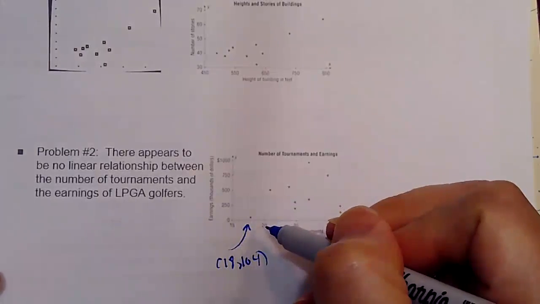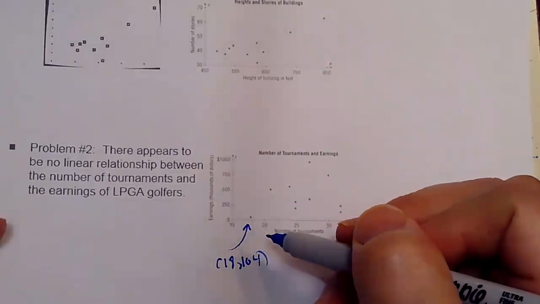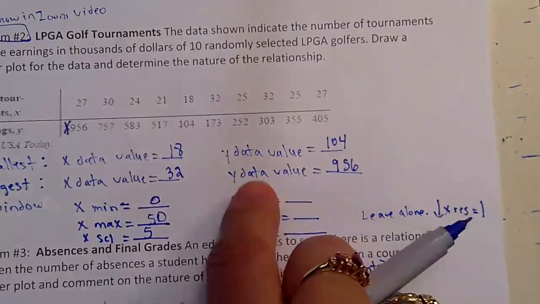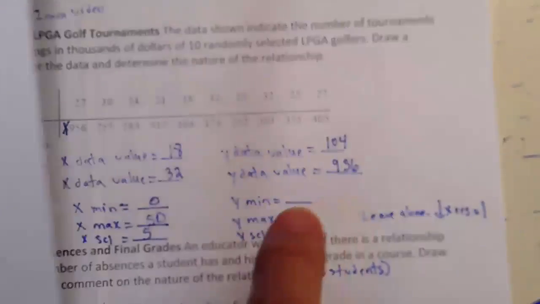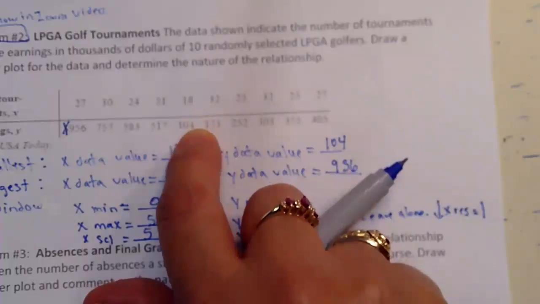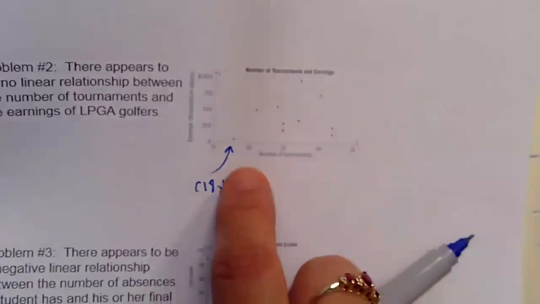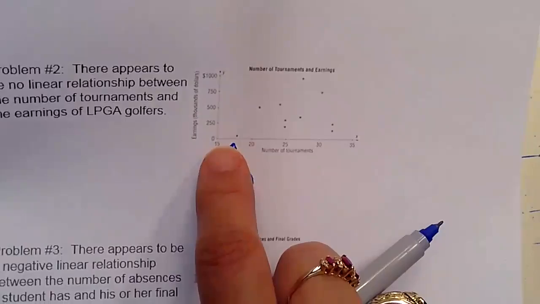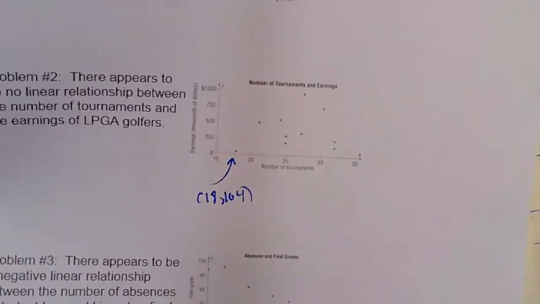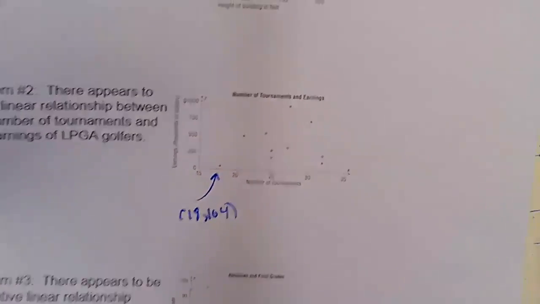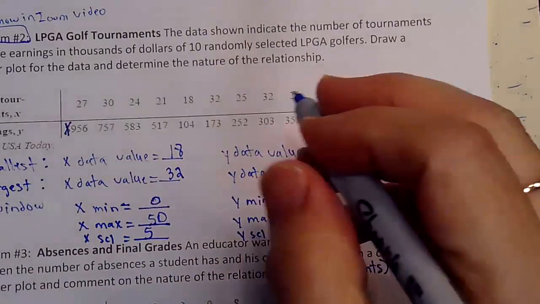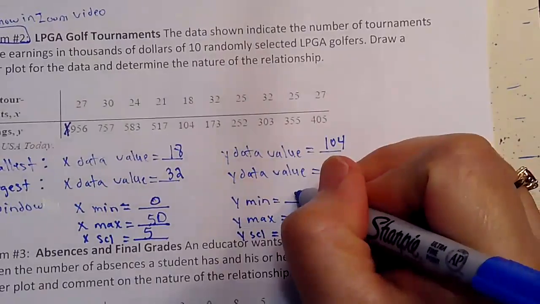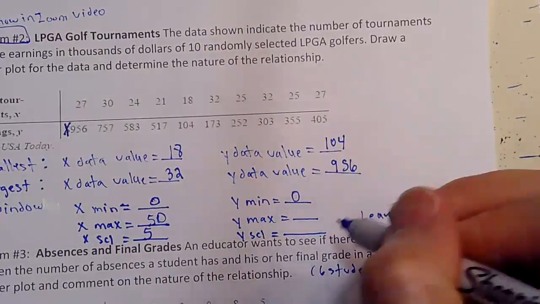The smallest X value is 18, so that's got to be the 18, 104. And they left it at 0. I was going to take it up to like 50 or something, so you won't have that big gap, but that's okay. We can have a gap there. That's fine. We can just see what that looks like.